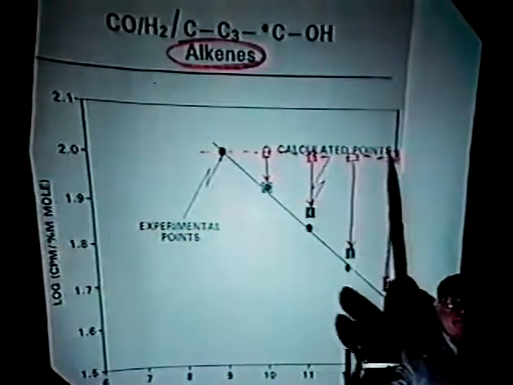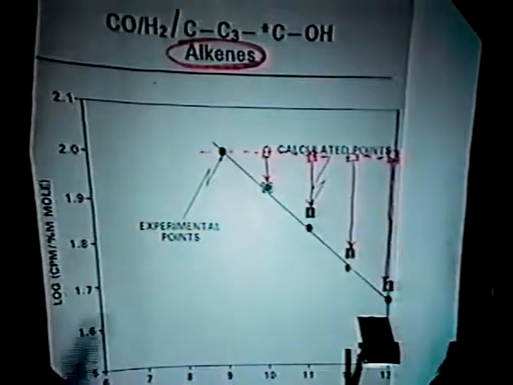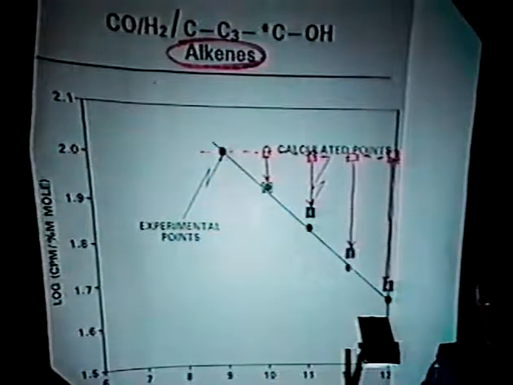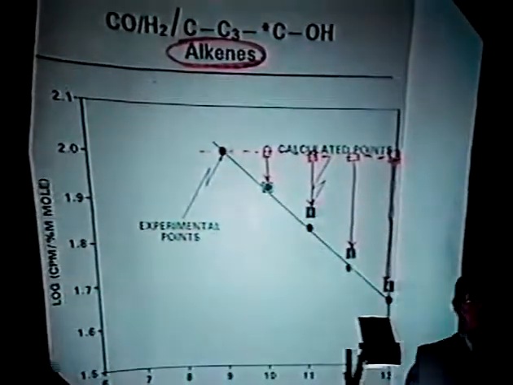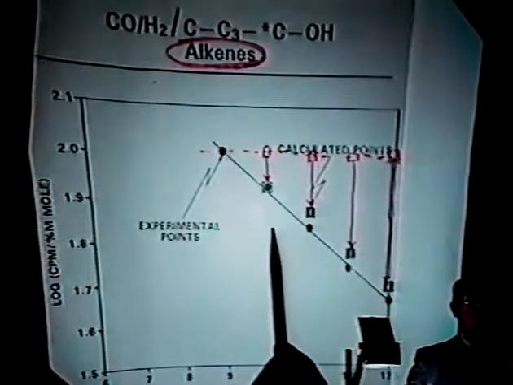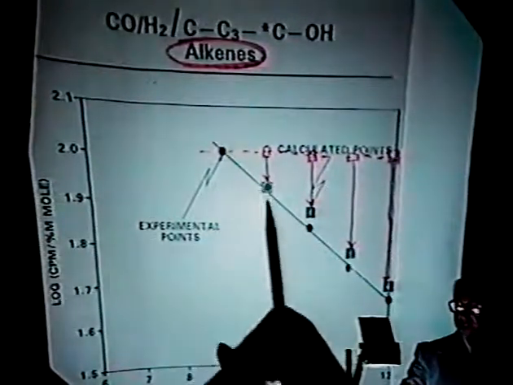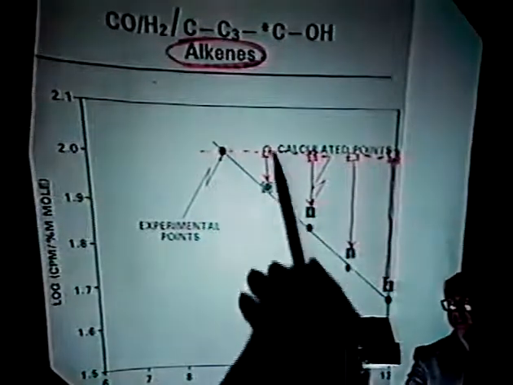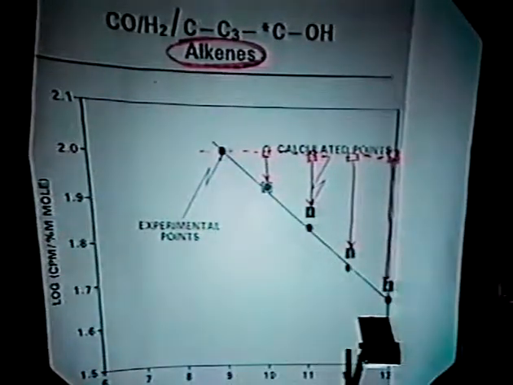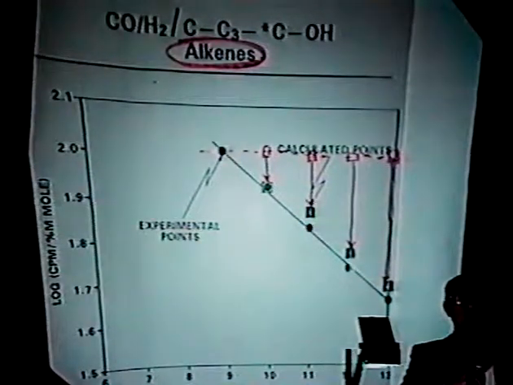Let me back up. The experimental point is the circle. The calculated point, assuming a constant carbon-14 but a dilution because of accumulation, the squares, becomes the calculated. So for the alkenes, accumulation accounts for the deviation from this expected behavior of having constant carbon-14 per mole. When we go to the alkenes, we see a different situation.